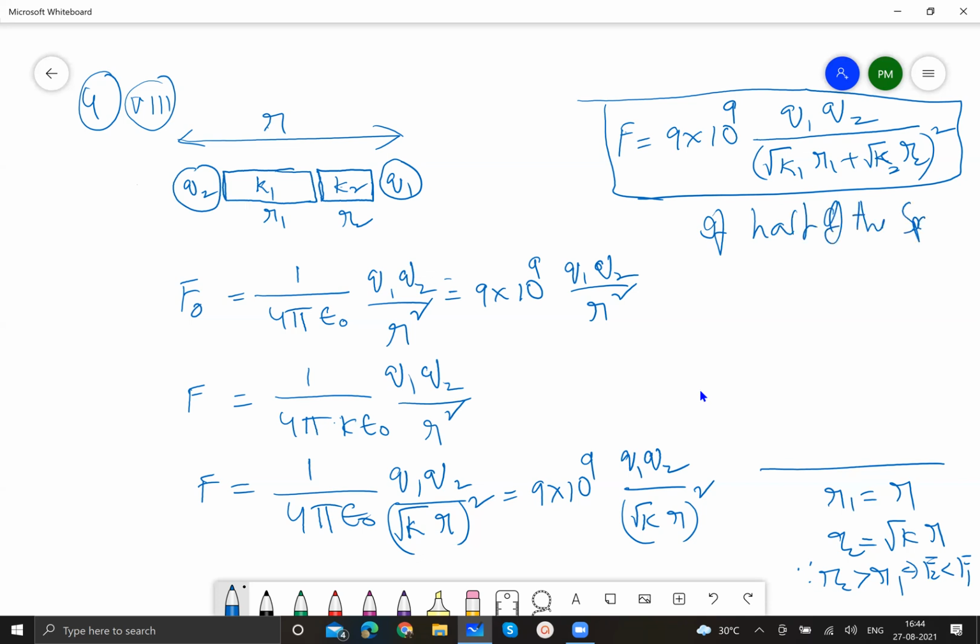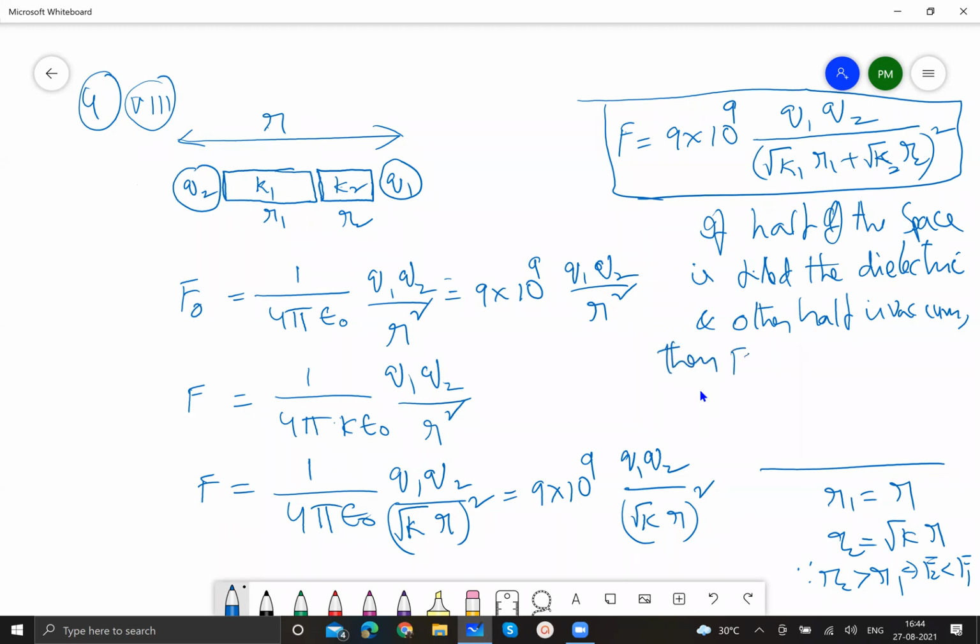If half of the space is filled with dielectric and the other half is vacuum, then we can write it as 9 into 10 to the power of 9 into q1 q2 by r1 is r by 2, r2 is r by 2, so I am taking common r square by 4 into 1 plus root k whole square.